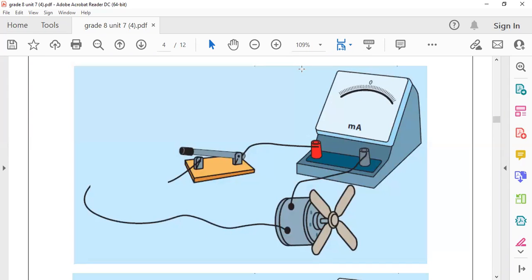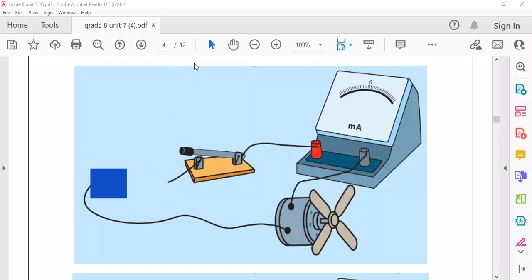Here, let us say this is the blue color part of the battery.